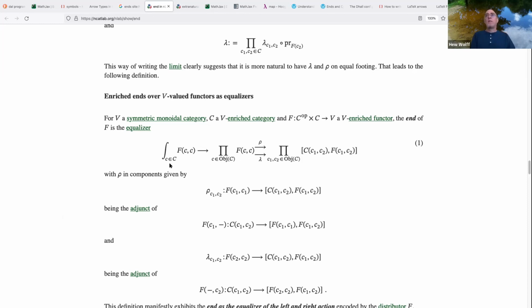When you produce an end, it should be a map from some integral thing of these endomorphism objects to the product. So you want it to be, roughly speaking, a subset of the product. Here's the big product, and here's this thing, which is going to wind up being the subset of it. And which subset is it? It's the one precisely that equalizes this rho and this lambda. Okay, so that kind of makes sense.